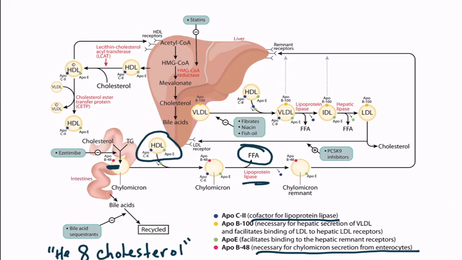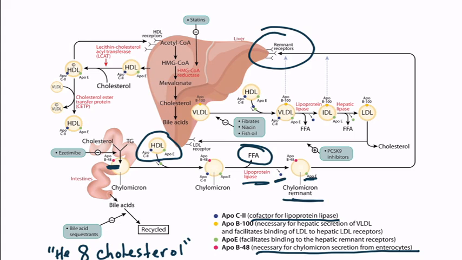As fatty acids are released from chylomicrons, chylomicron remnants are formed. You can see a chylomicron remnant right here. Notice that chylomicron remnants lack ApoC2. You can see that ApoC2 left right here. From here, the remnants can be returned to the liver by binding to the hepatic remnant receptors, which you can see right here. Notice that the third apolipoprotein present in chylomicrons is ApoE, this little green dot right here.